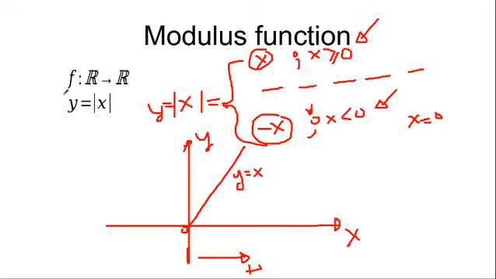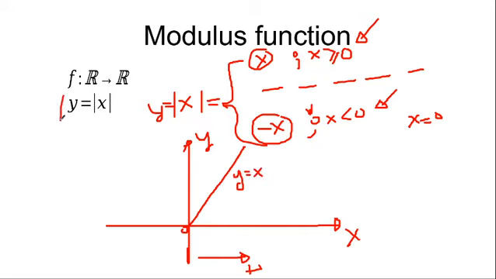Right? So the original function is y equals the modulus of x, but when you split it into two different regions, this is what you get. You can see here that usually y equals x continues towards the negative side as well, but in this case y equals x does not continue into the negative side.